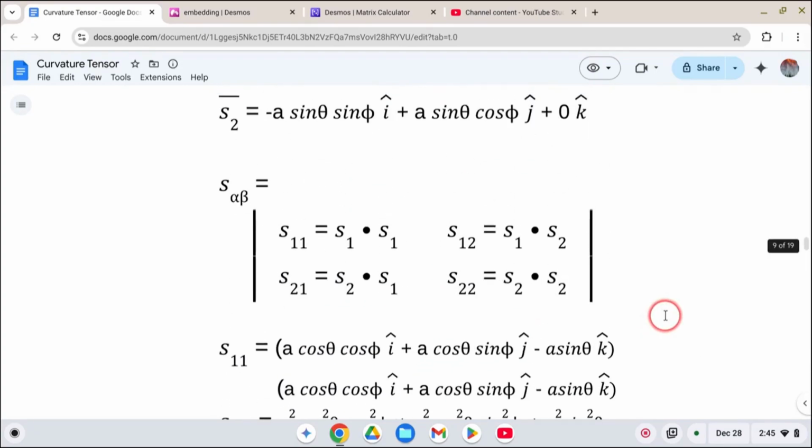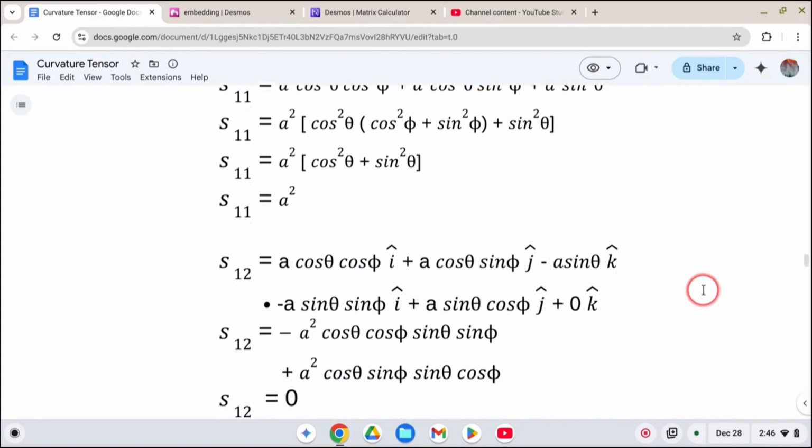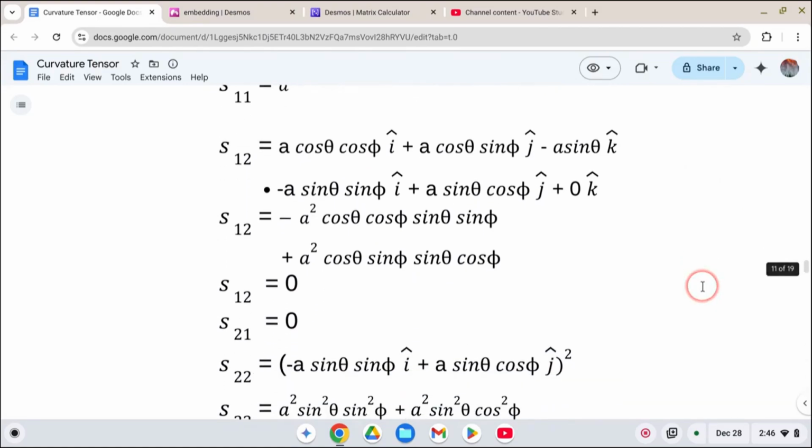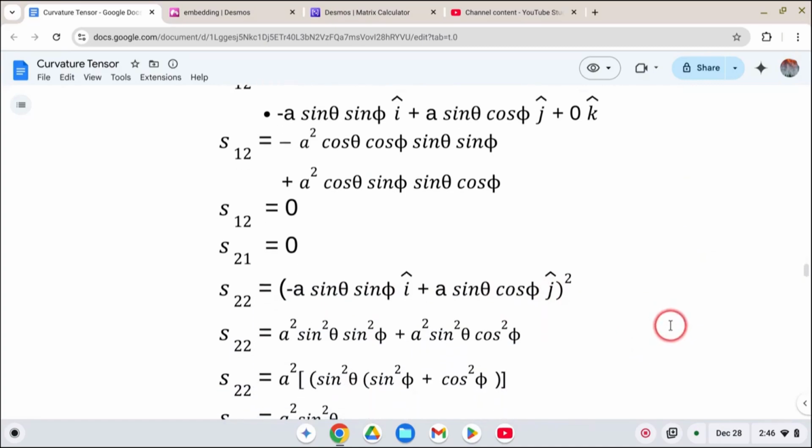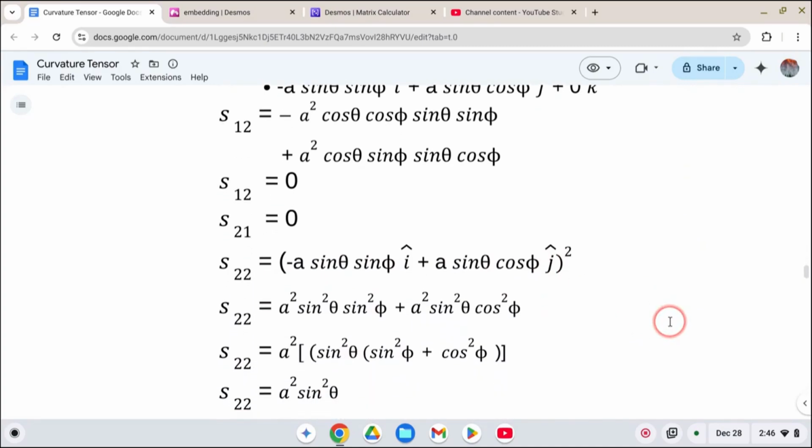Now, we know that the metric tensor is symmetric about the diagonal, remember? So what's over here is over here. That means if this one is 0, we know that one's 0. We do the last one, which is S22, the exact same thing. We just square this, and we get a squared sine squared theta.